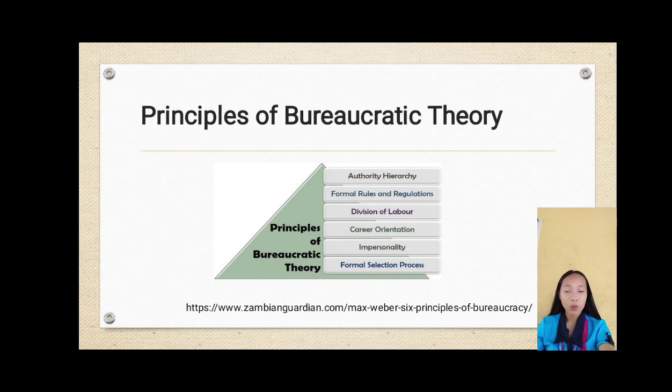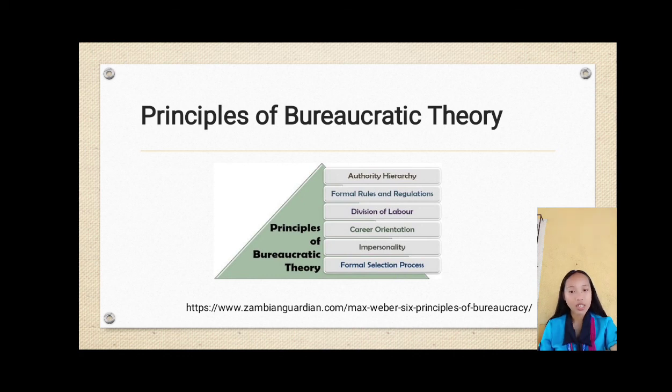Weber developed a management theory where he emphasized a formal organizational structure to properly maintain the hierarchy. He set six principles of bureaucratic theory, which are the following. First, the authority hierarchy. Second, the formal rules and regulations. Third, the division of labor.